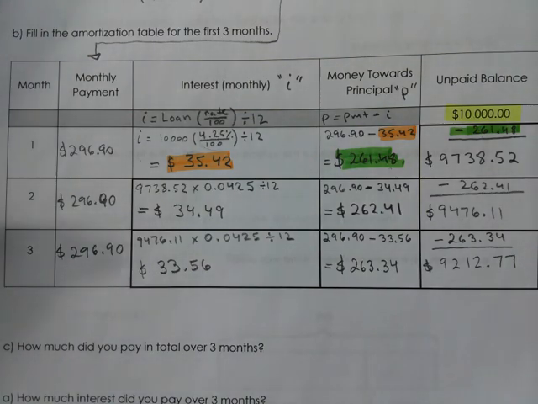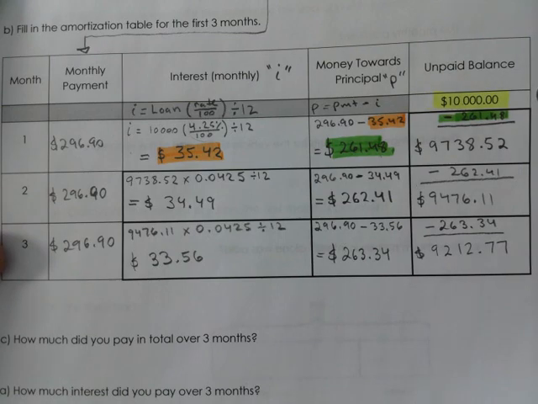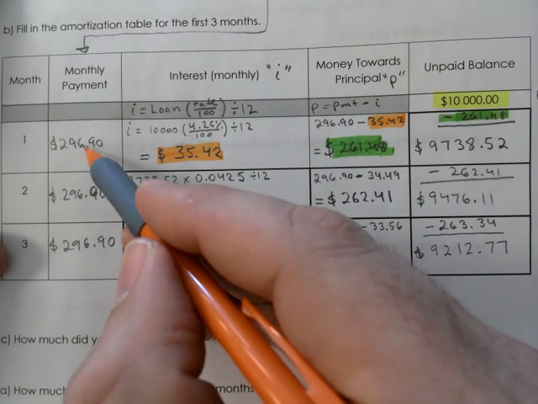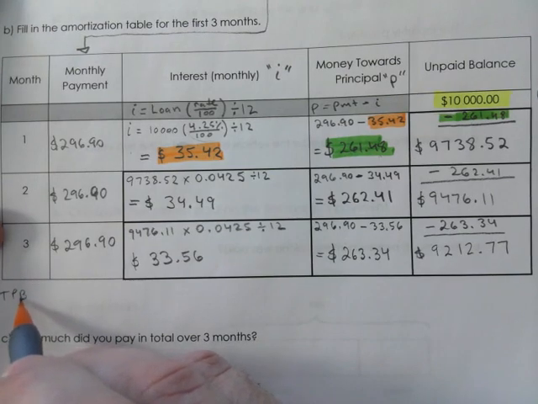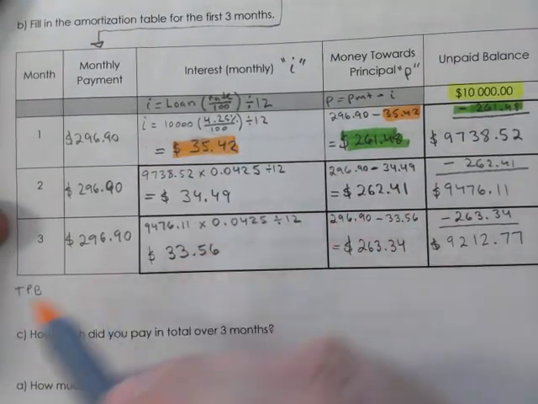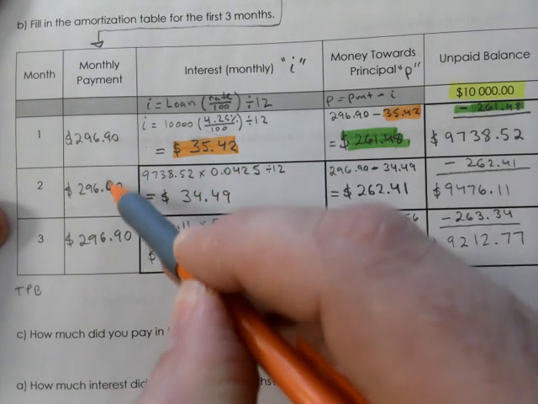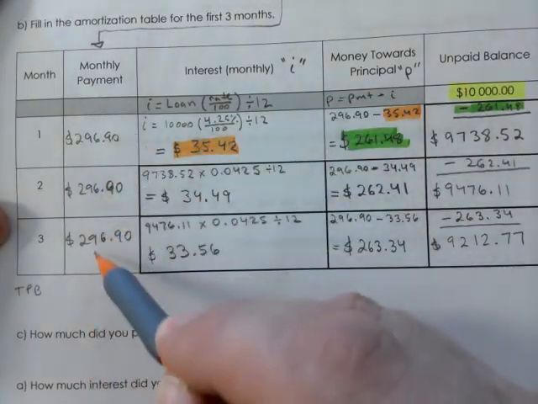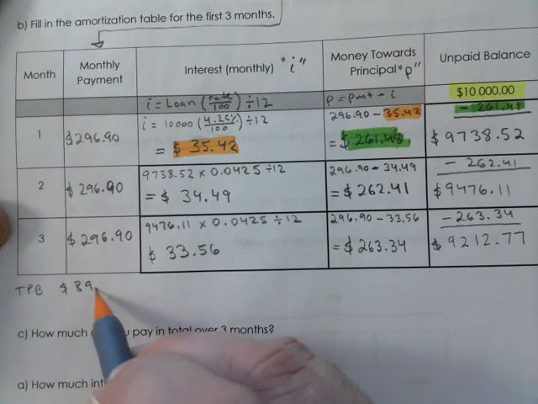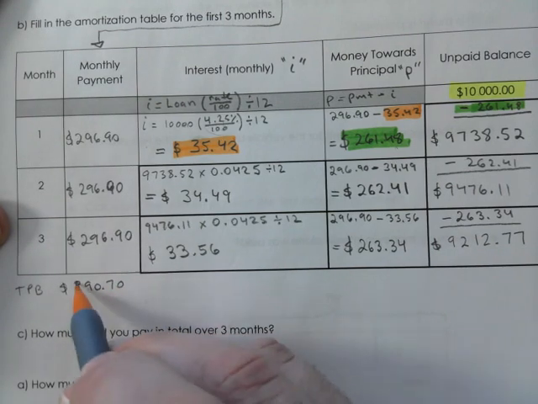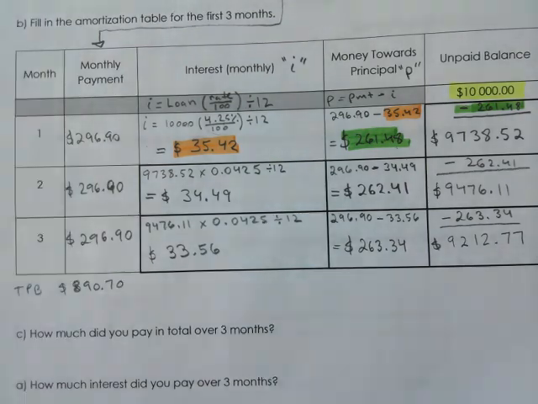So to finish this, and then I'll let you do one on your own. If we wanted to know how much total paid to the bank in the first 3 months, so go TPB here. The first 3 months, if you were to add these up, you get 890.70. Okay, the bottom of the table.